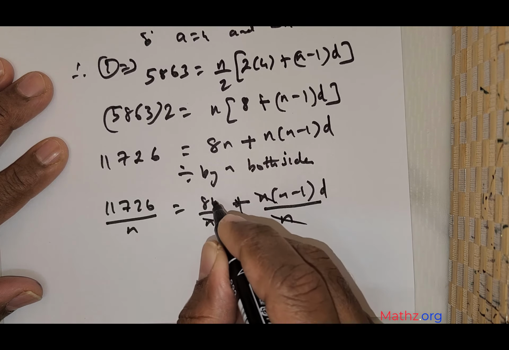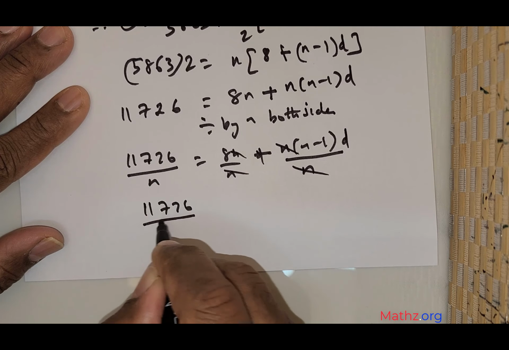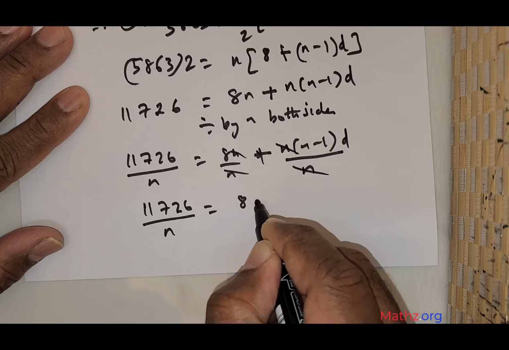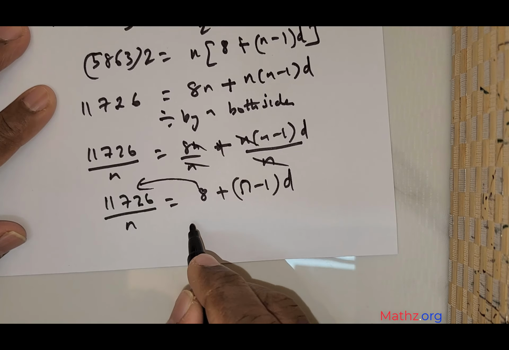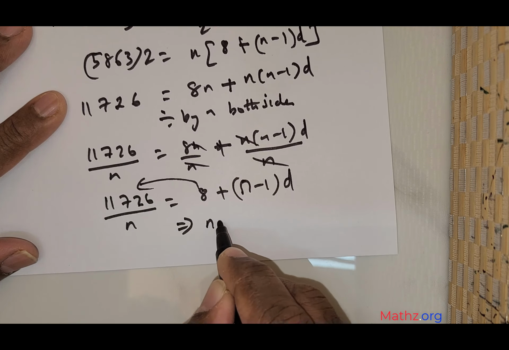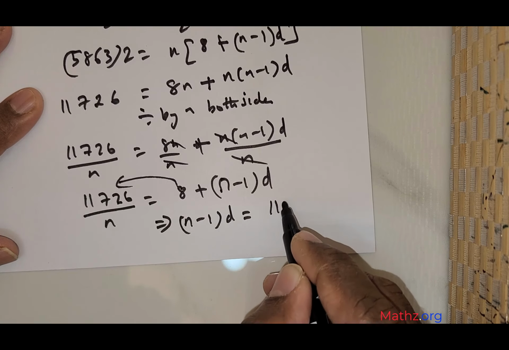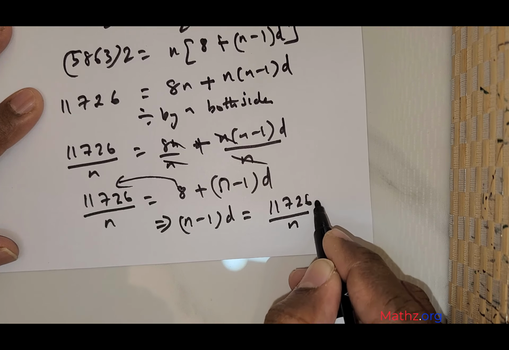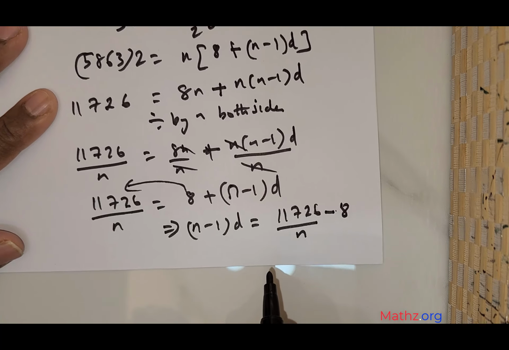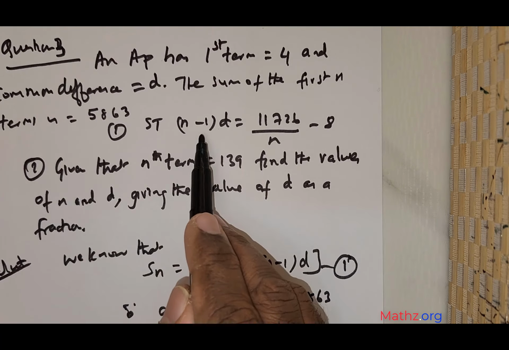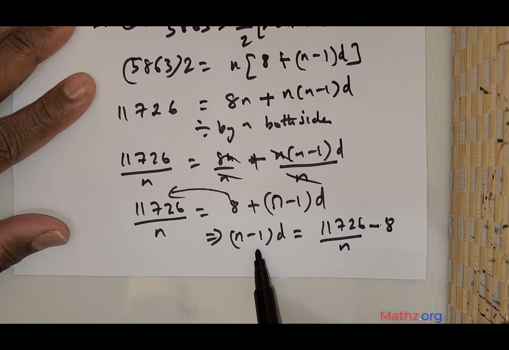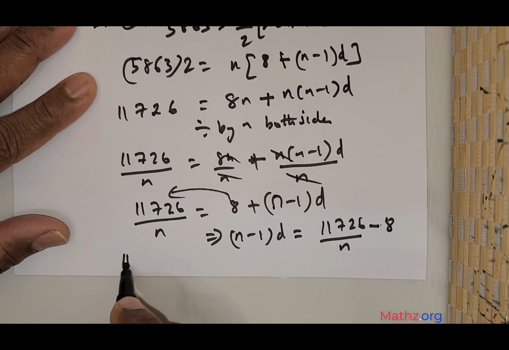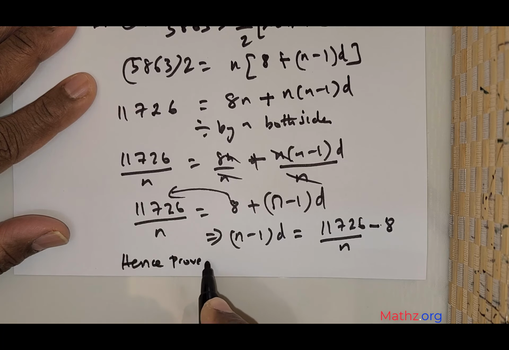Now n gets cancelled, giving 11726 over n is equal to 8 plus (n minus 1) into D. Push this to the other side: (n minus 1) into D is equal to 11726 over n, minus 8. What is required to show is that (n minus 1) into D is equal to 11726 over n negative 8, and that is what we have got. Hence proved. You need to write that statement.